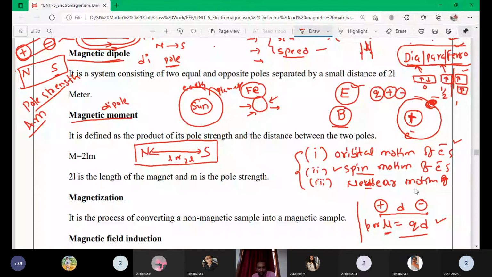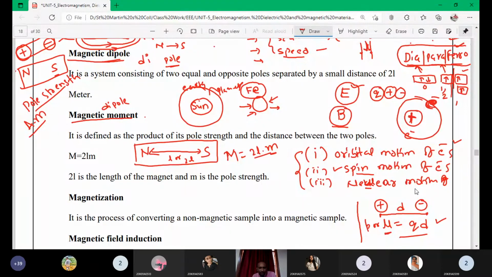If you take 2L distance, capital M is equal to 2L into m, where m is the pole strength. The pole strength and the distance between the two poles give the magnetic dipole moment, like electric dipole moment.